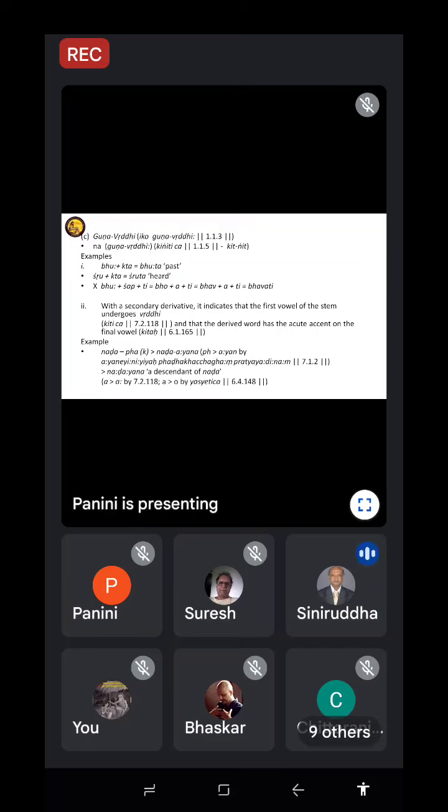Now this change is conditioned by ik. If the dhatu is ik only, guna vriddhi is prohibited. If the dhatu is not ik, as in ja dhatu, jata, jayate, ja dhatu means only to be born, no? It is akaranta. That's why even with the suffix kta, guna vriddhi does not apply. So there is no need.